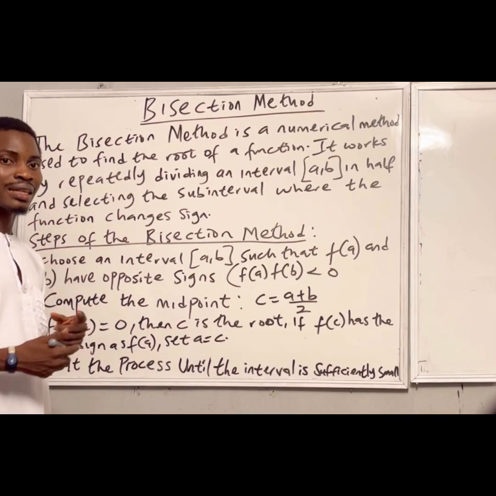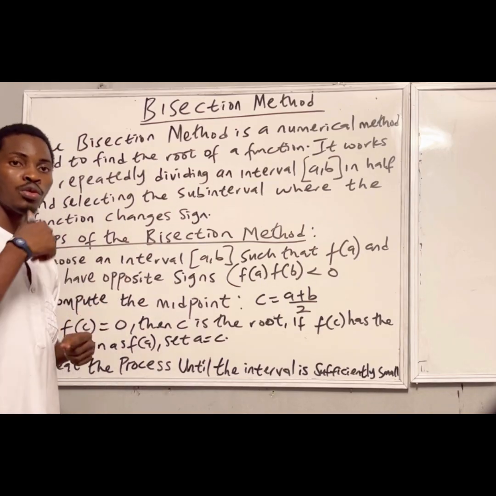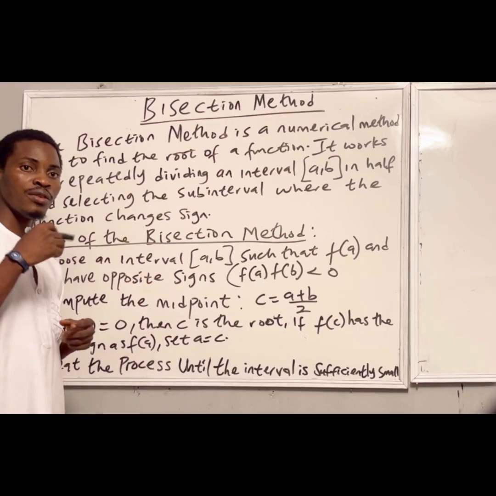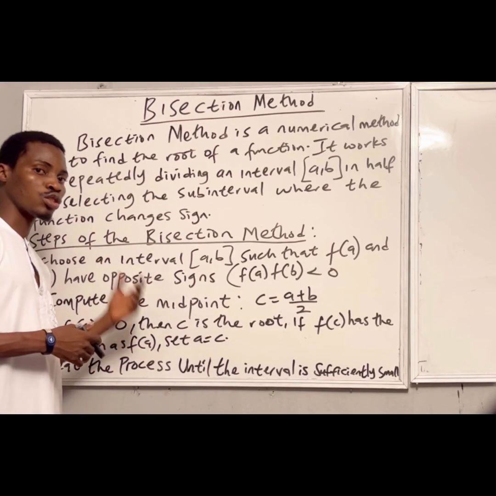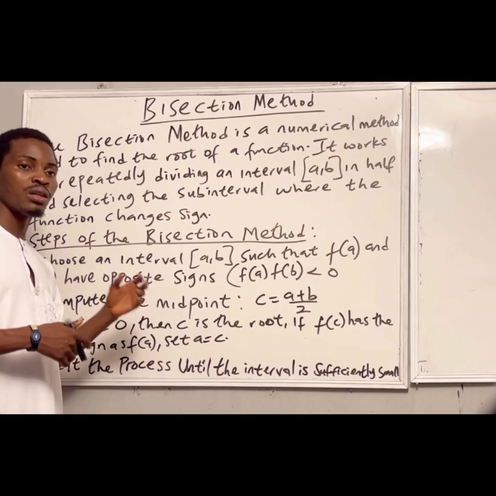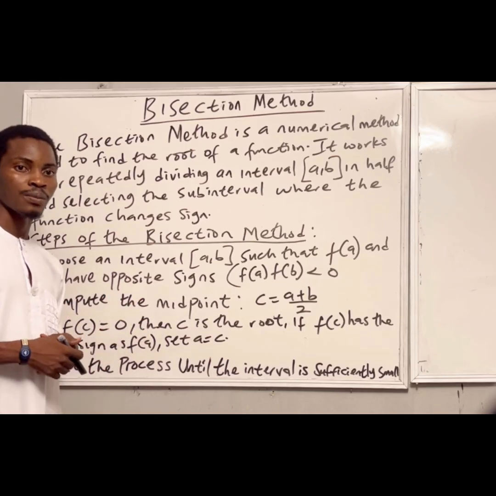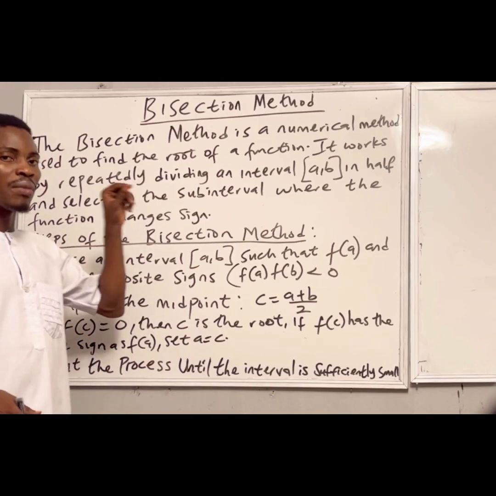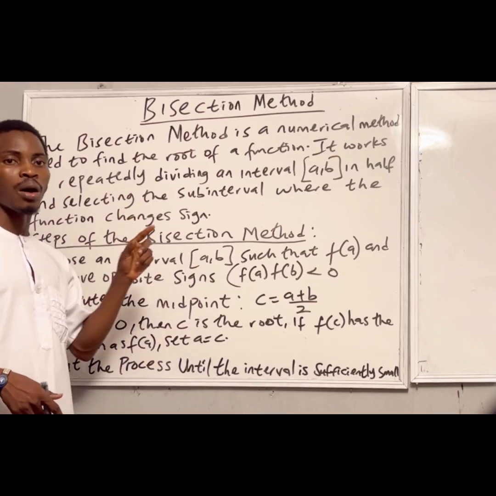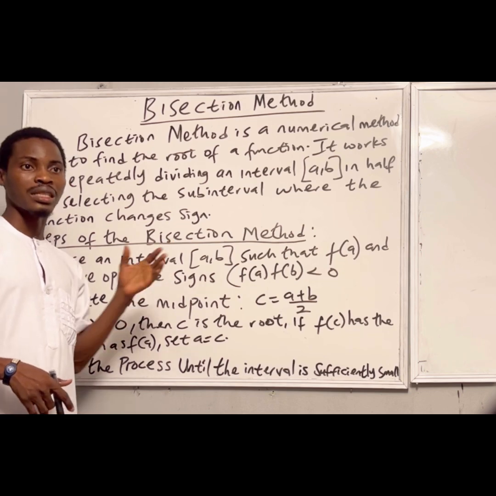We need opposite signs, plus or minus. If you do x equal to 0, we have negative. If you do x equal to 1, we have negative as well. And if you do x equal to 2, we have positive. It means minus and plus will be our interval, which is a and b.